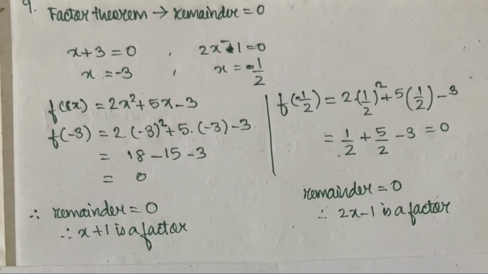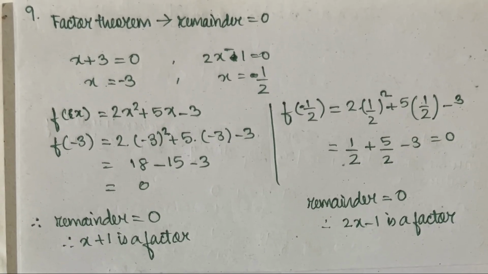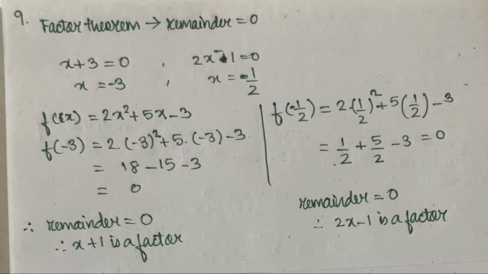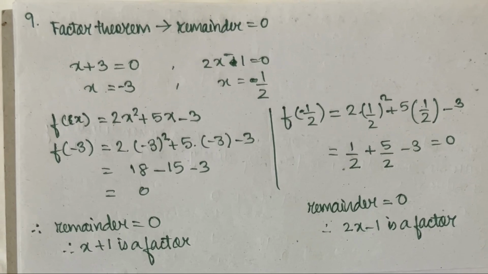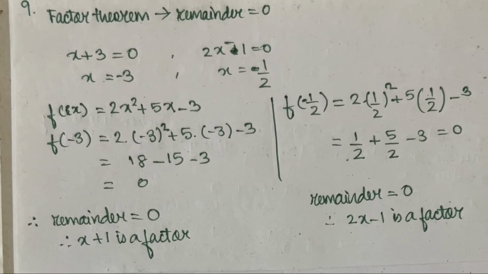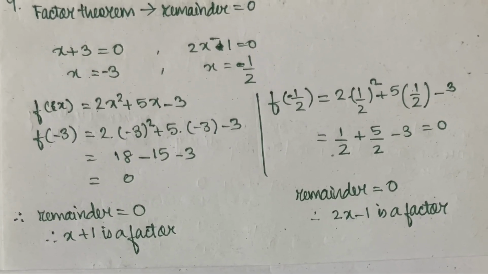Now for 9, we can see x plus 3 is given. So we are considering let x plus 3 is equal to 0. We get x is equal to minus 3, and 2x minus 1 is equal to 0, and from here we get x is equal to half. Now in each case we need to put these values in f(x).